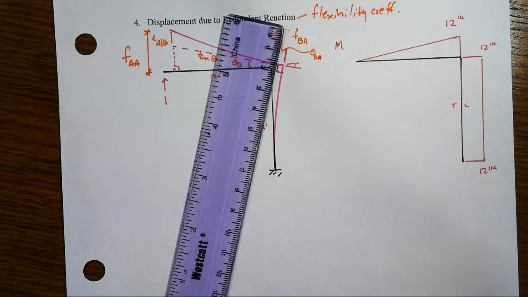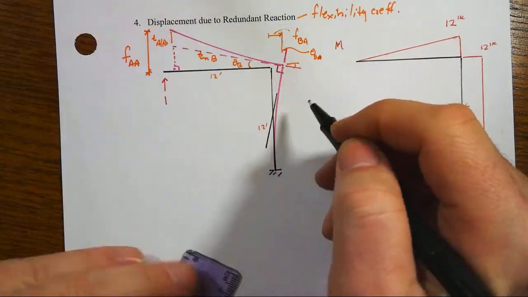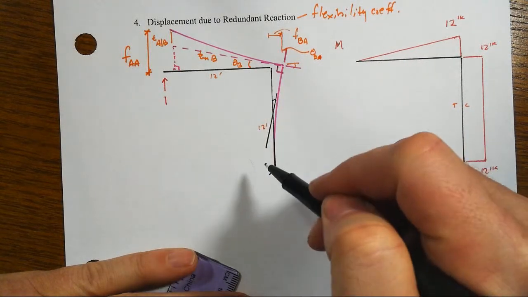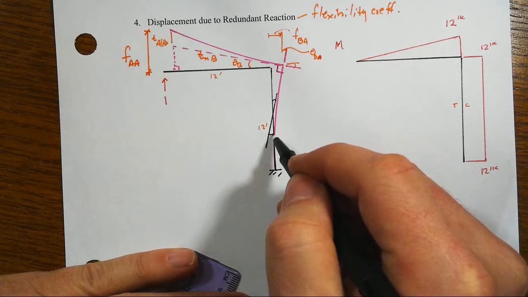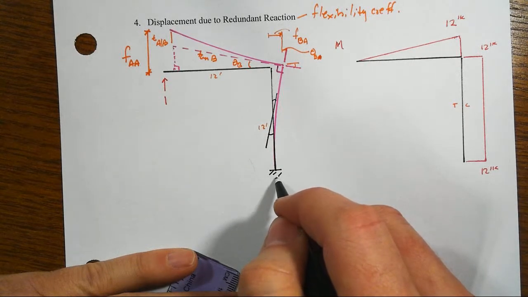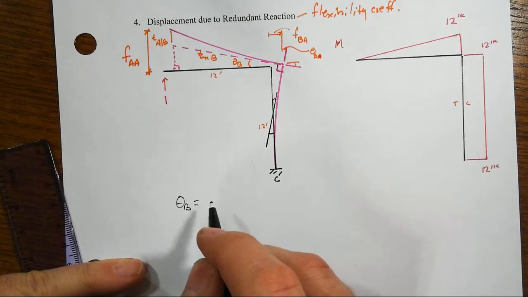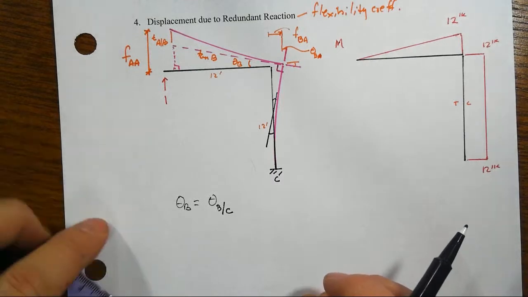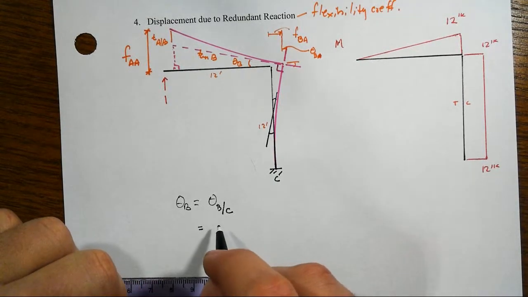You've got this fixed end down at the bottom. That always makes things easier to work with. We want this rotation right here, which is the same one as that one, and that's the same one as this one going from the tangent at C. It's awfully confusing. So theta B is going to be equal to theta B drawn with respect to the tangent at C, the change in slope, which is the area under the M over EI diagram.